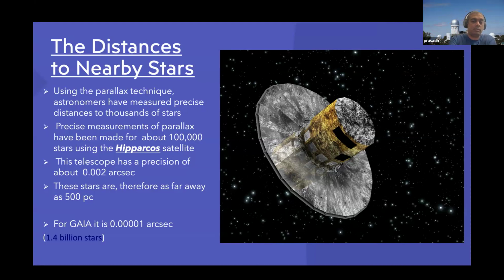And if you take 1 over 0.00001, you can get an idea of what kind of distance it can measure, right? So it's a huge distance. And you can see the number of stars whose distances we have now measured.